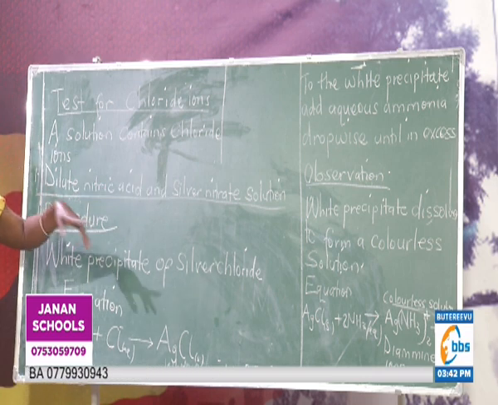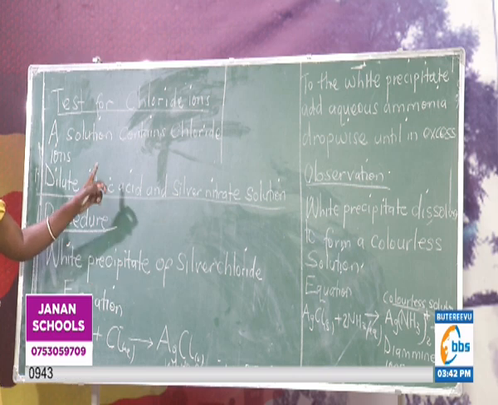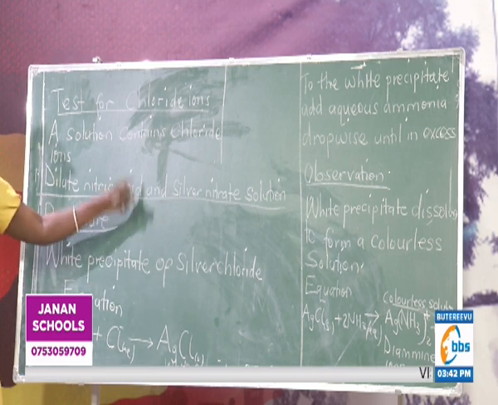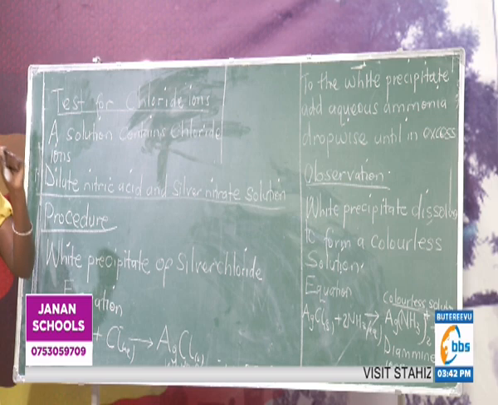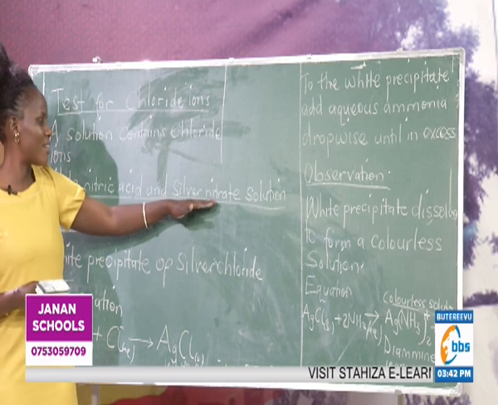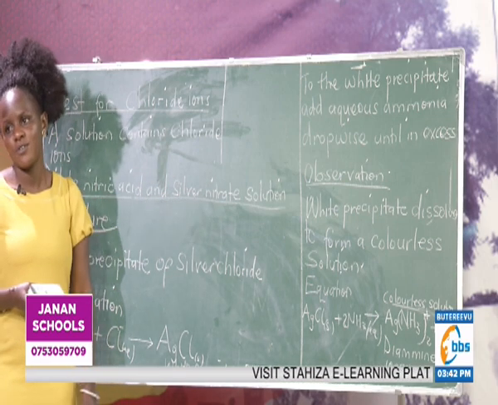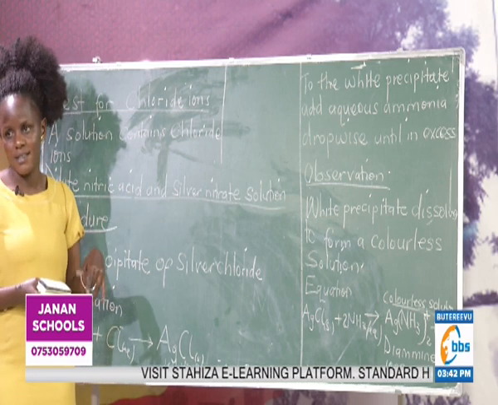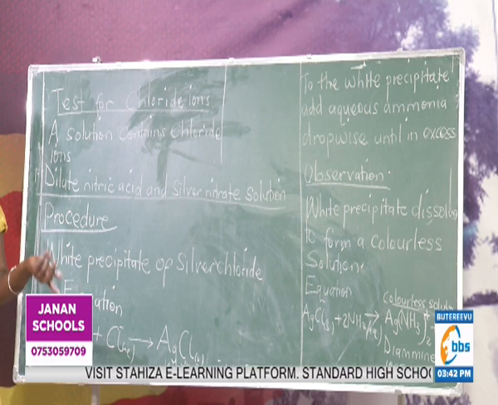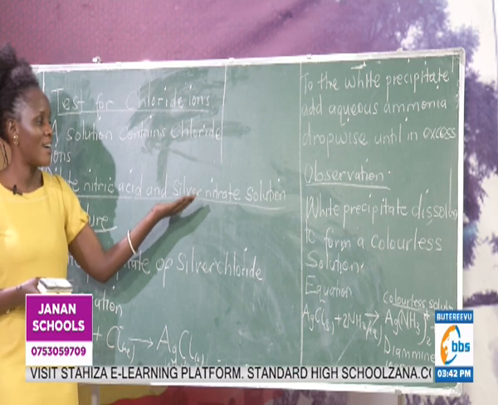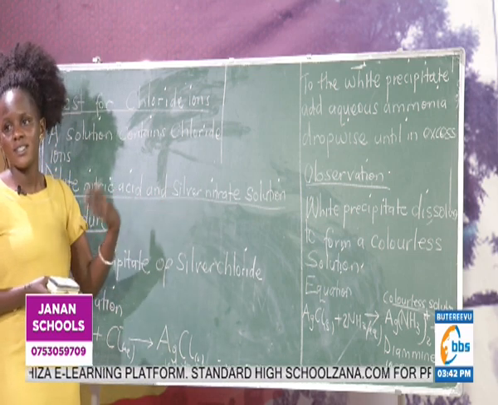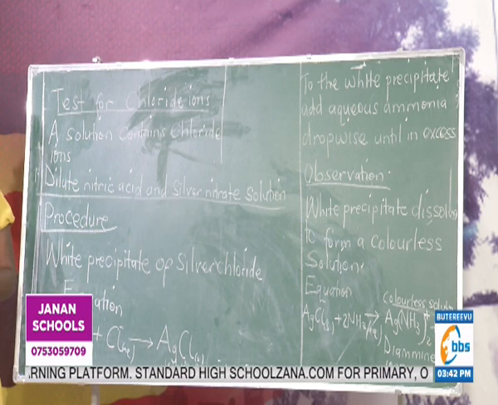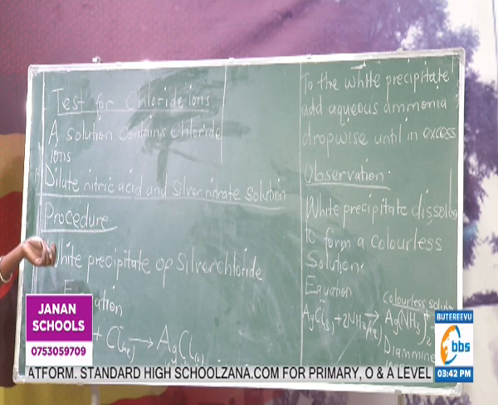So you will tell us a white precipitate which is insoluble in dilute nitric acid. Here you started with dilute nitric acid and then you followed it up with silver nitrate solution. Okay, that is reagent 1.